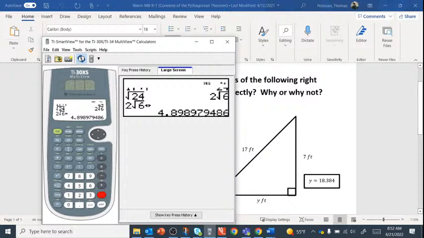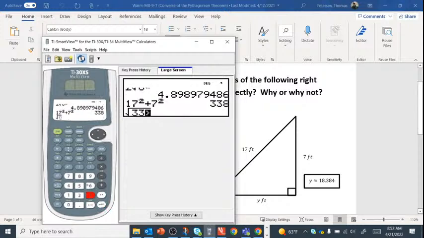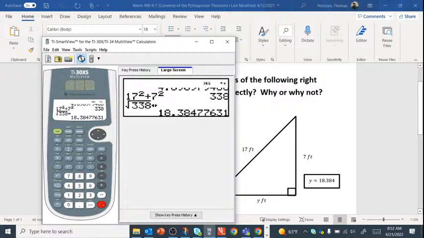What do you think, James? Okay. And she got 17 plus 7 squared equals that, and then she squared that, so she mixed up the... that is what she did.